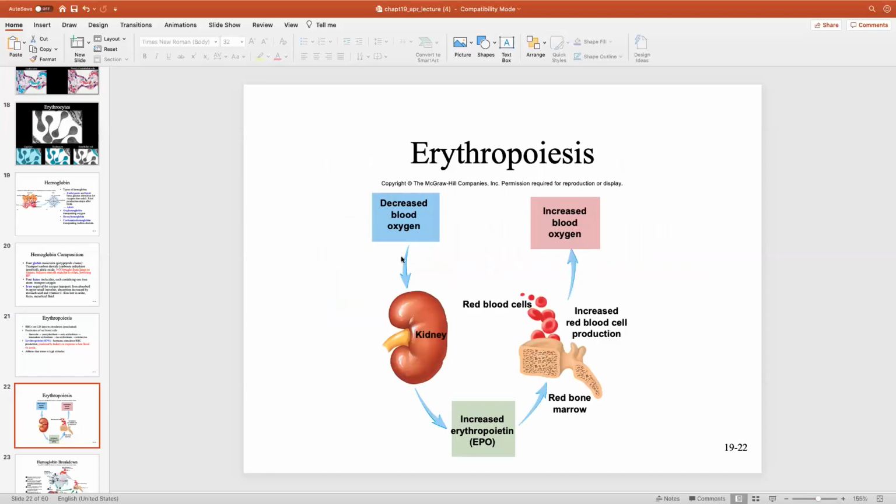When there's less oxygen, it's actually going to trigger the release of this hormone called EPO, erythropoietin. EPO is the most potent stimulator of your bone marrow to produce more red blood cells. In the process of producing more red blood cells, I have more oxygen carrying capacity.